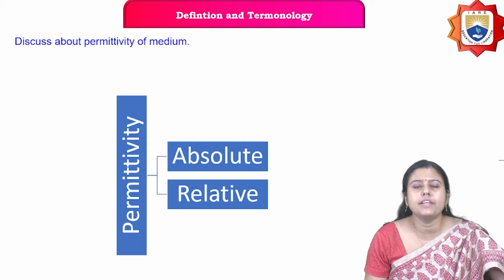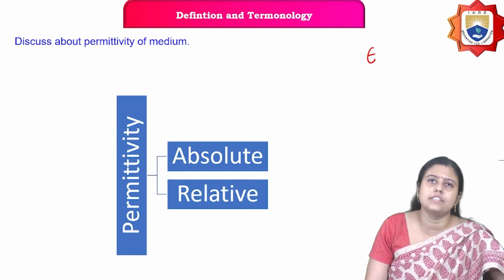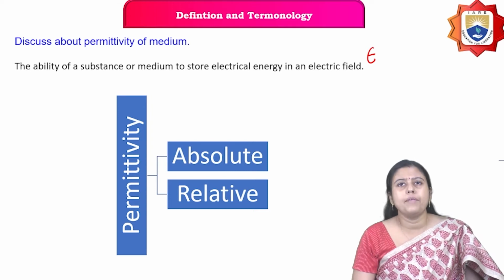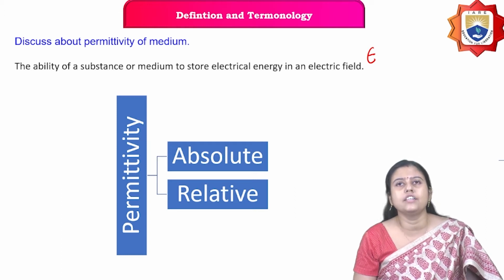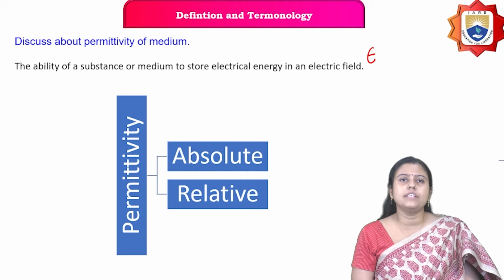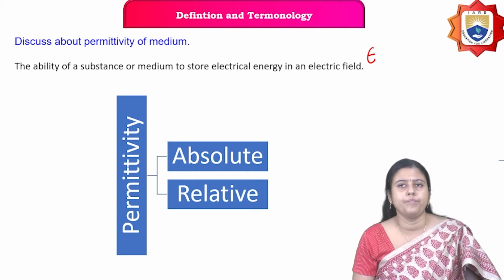Permittivity is a very important thing, and it is written by epsilon. What is permittivity? The ability of a substance or a medium to store electrical energy in an electrical field is known as the permittivity of the medium. Permittivity is basically of two types.